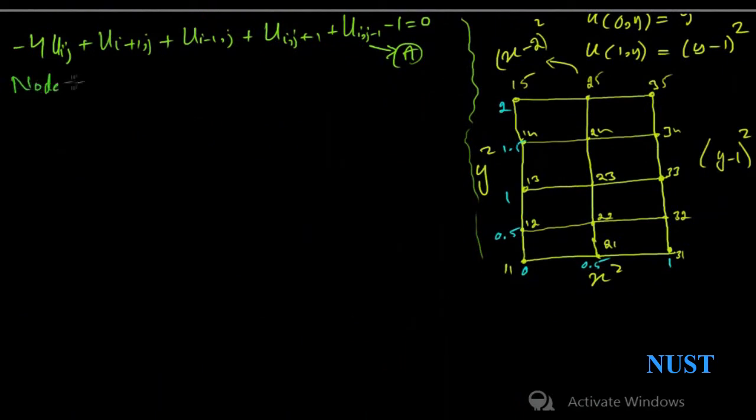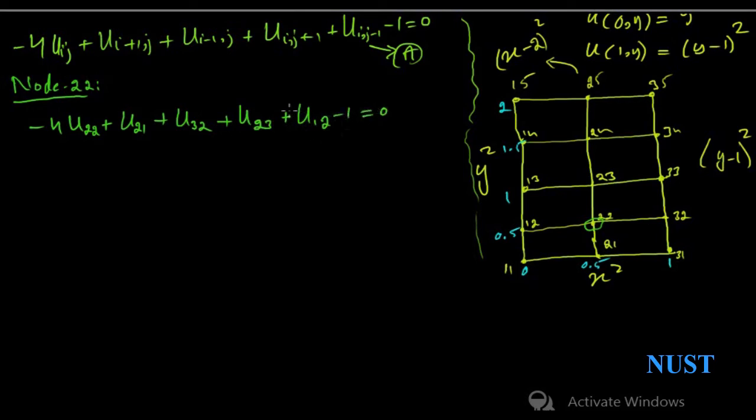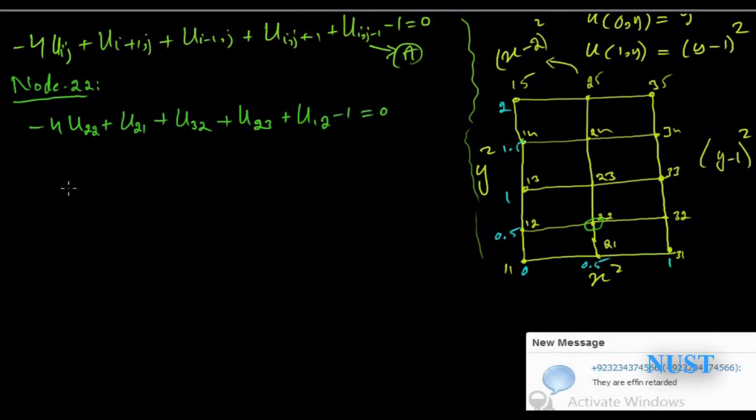Here we too have the same concept of governing equation, and from this equation we can get the expression for node 22 at x equal to 0.5 and y equal to 0.5.